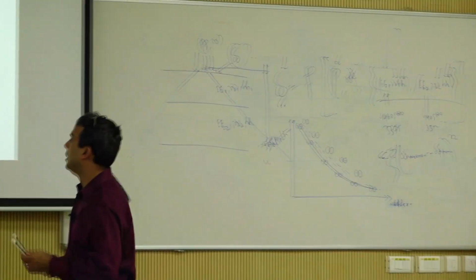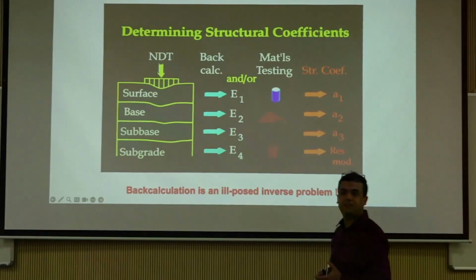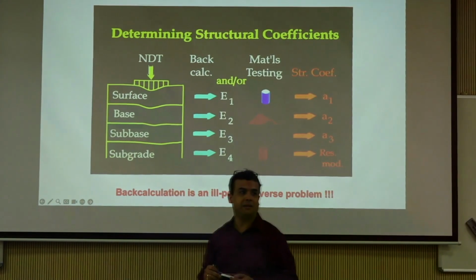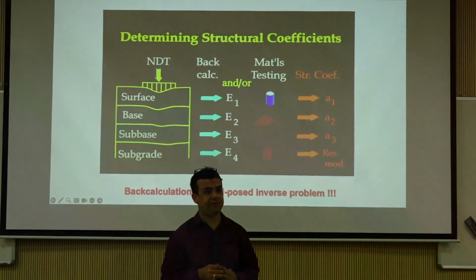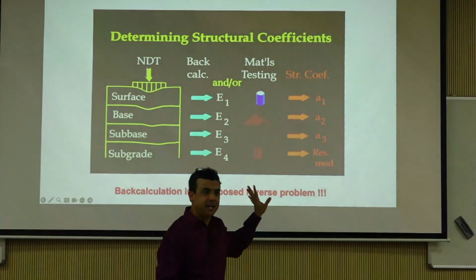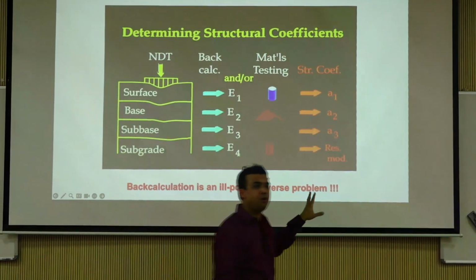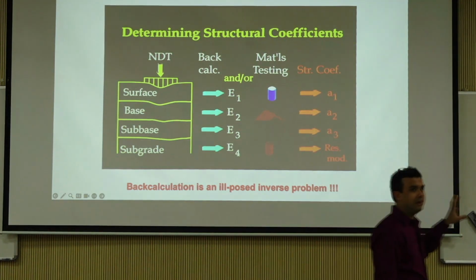So you start from there, and then you keep moving back. Back calculation is an ill-posed inverse problem. What does this mean? Do you realize it's an inverse problem, right? What does ill-posed mean?